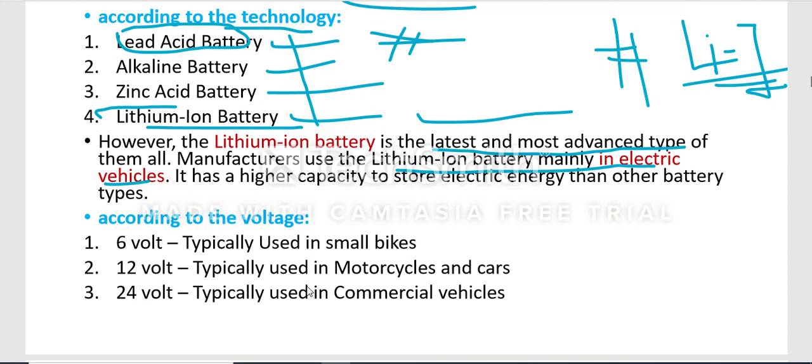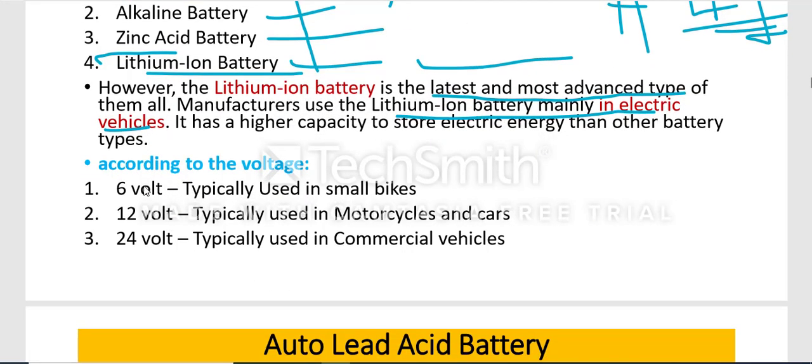Then next classification or type of the batteries is according to the voltage. So 6 volt battery, 12 volt battery, and 24 volt battery. So 6 volt battery is used in small bikes, okay, or motorcycle. 6 volt battery is used in motorcycle.